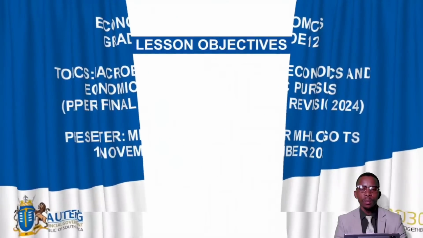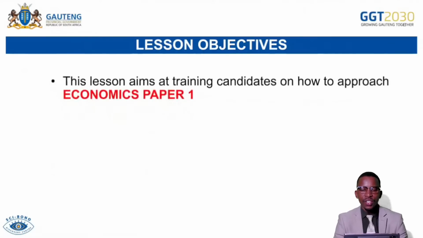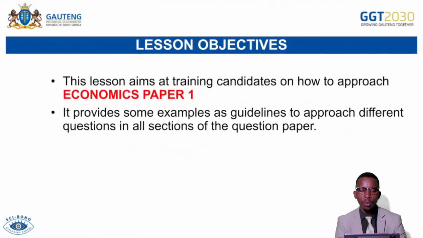So the following are simple lesson objectives for today's lesson. This lesson aims at training candidates on how to approach the question paper, which is paper 1 for tomorrow. And then it provides some examples as guidelines to approach different questions in all sections of the question paper.